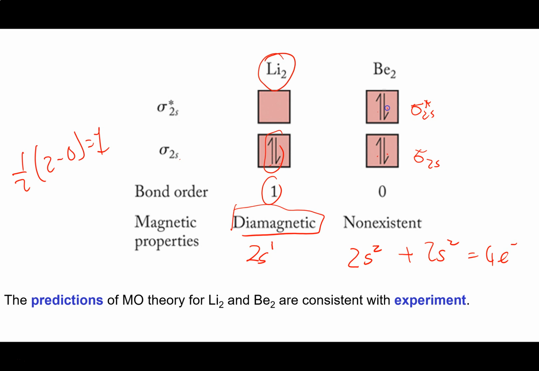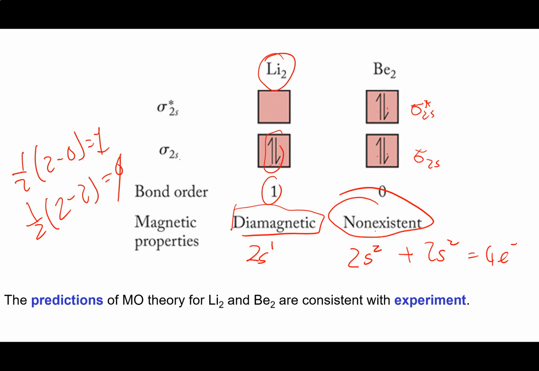So 1, 2, 3, 4. So when I calculate the bond order now, 1/2 times 2 minus 2, 2 bonding, 2 anti-bonding, I end up with a bond order of 0. So this guy we wouldn't expect to exist, and that's exactly what we find. There you go. So it's non-existent.